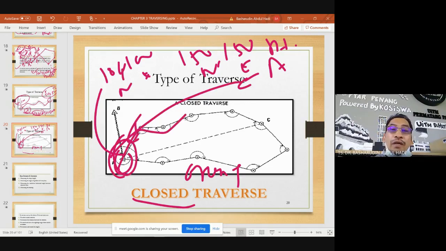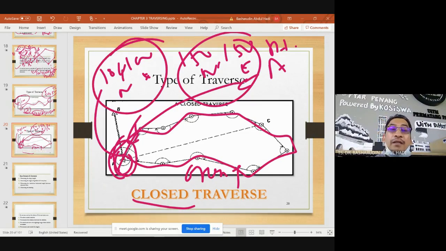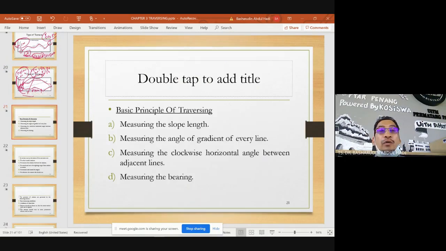So when you are doing a survey like this and you come back to point A, you know this coordinate, right? That means this one is a closed traverse. So the definition of closed and open traverse is based on whether you know the start and the finish points where you measure the line, the bearing and distance.